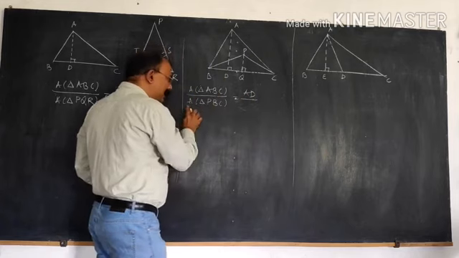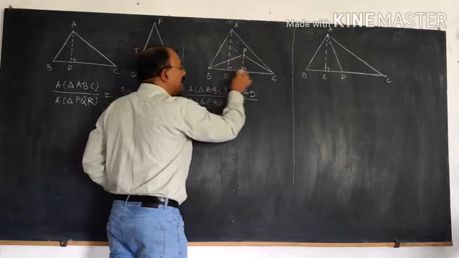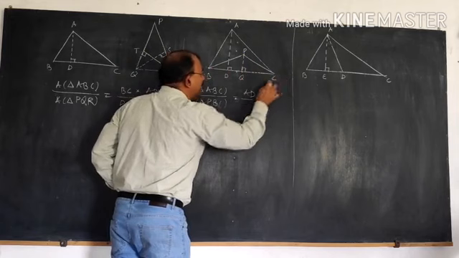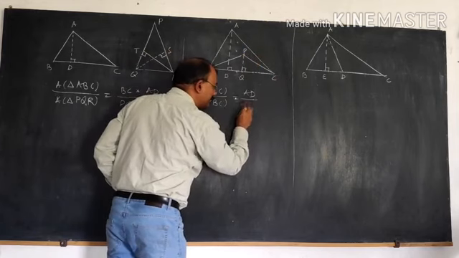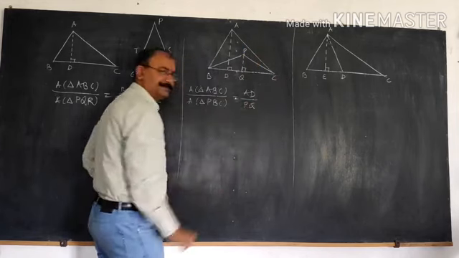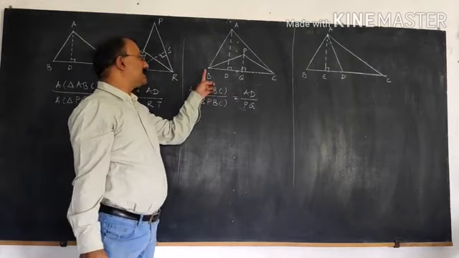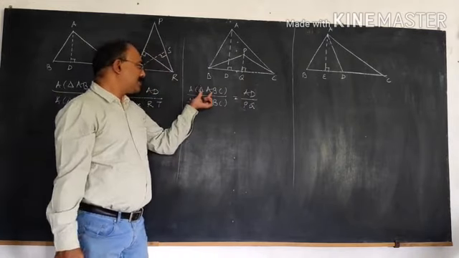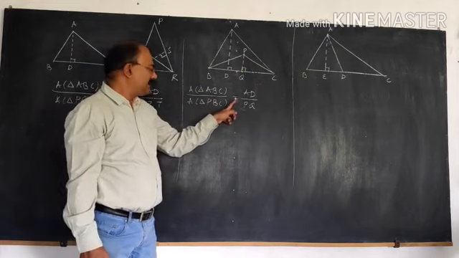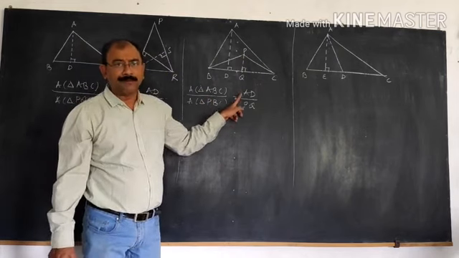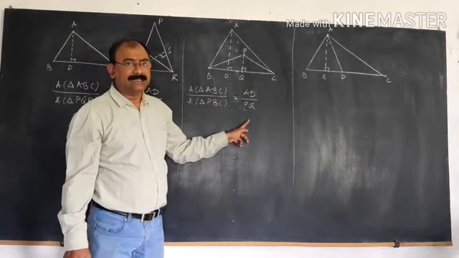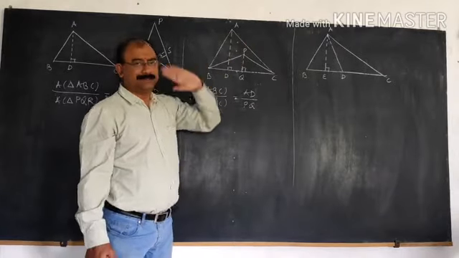For the second triangle PBC, BC is the base. So PQ will be the height. So here I will write PQ. So when the triangles have same base, ratio of areas is equal to the ratio of corresponding heights. Ratio of corresponding heights.